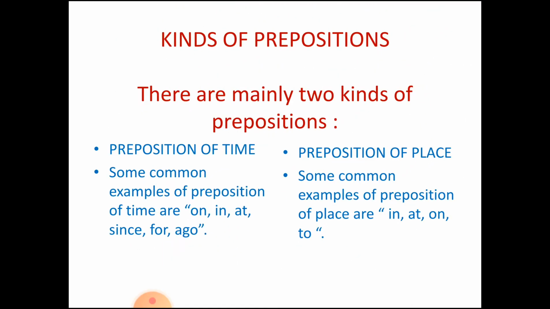Now let us talk about the different kinds of prepositions. Actually there are many kinds of prepositions, but mainly there are two kinds. The first one is preposition of time and the second one is preposition of place. The prepositions used in the context of time are known as prepositions of time, and the ones which show the place are termed prepositions of place.